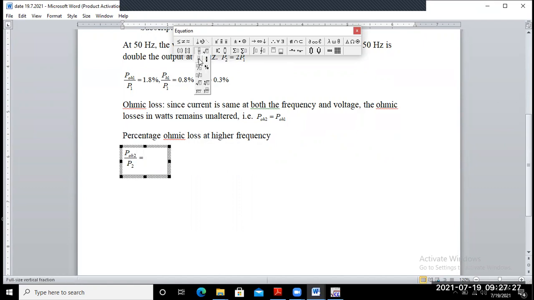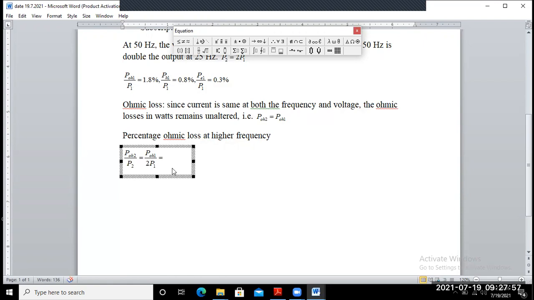So POH1 divided by 2P1. The value given to you is POH1 divided by P1 equal to 1.8%.